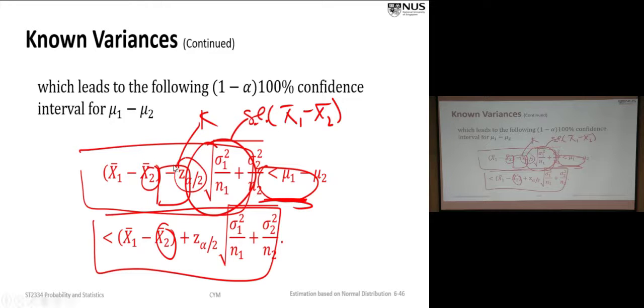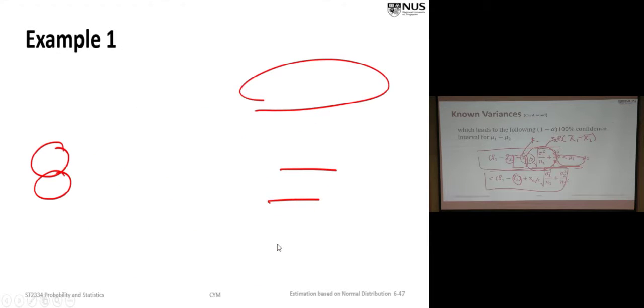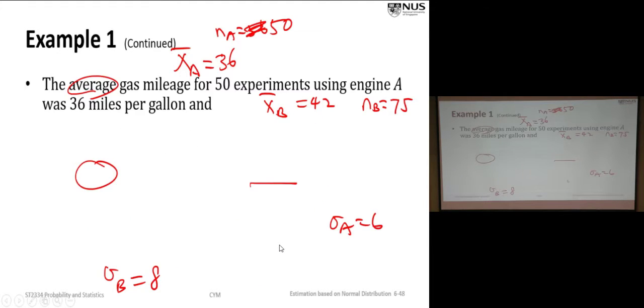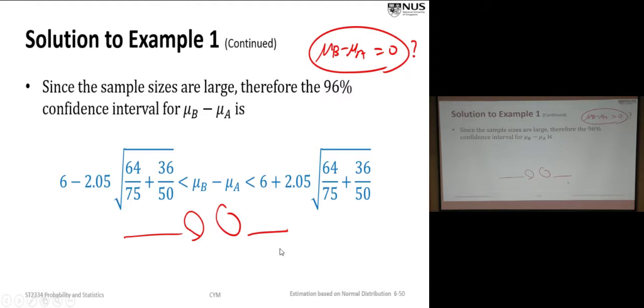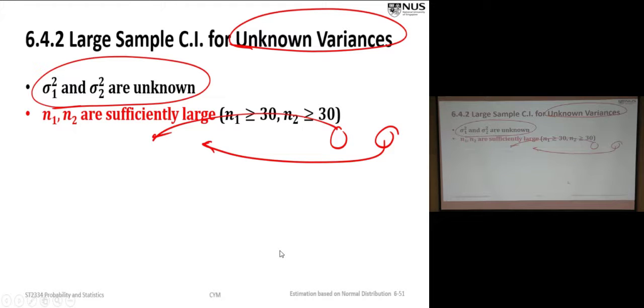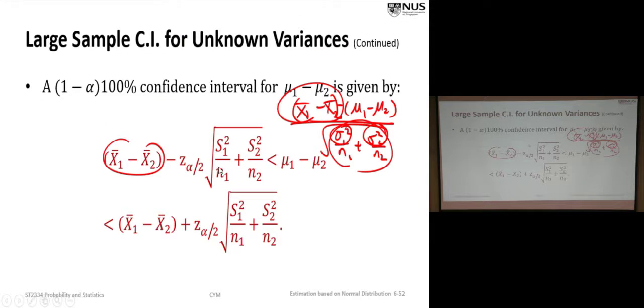And this is the standard error of x1 bar minus x2 bar when sigma 1 square and sigma 2 square are known. If not known, but the sample size is big, that is, unknown variances but large samples, then we just replace sigma 1 square and sigma 2 square by their corresponding estimates. And this is an approximate distribution.